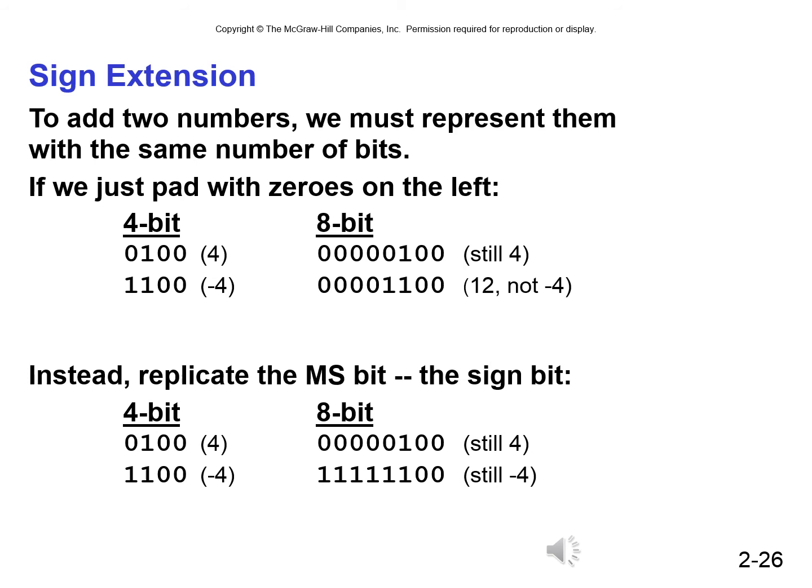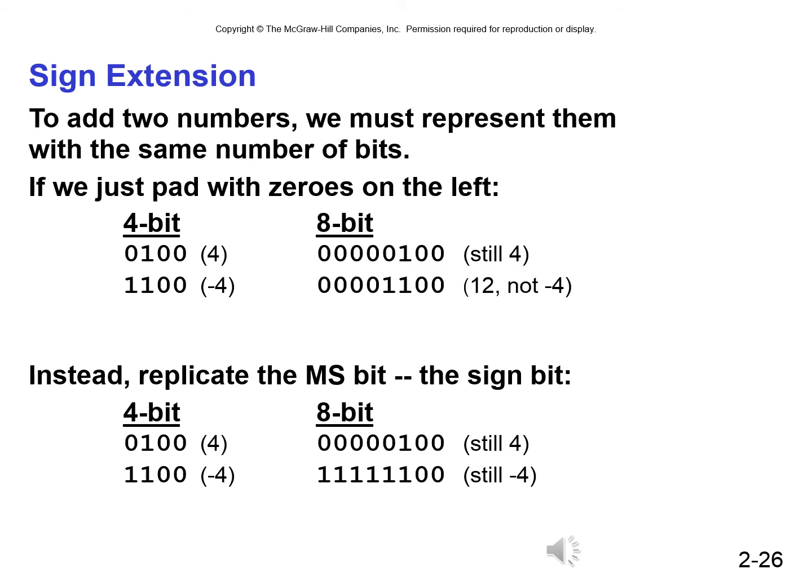So instead, what you do when you sign extend a 2's complement signed value is you replicate the most significant bit, which is the sign bit. So there we have 4, 0, 1, 0, 0.